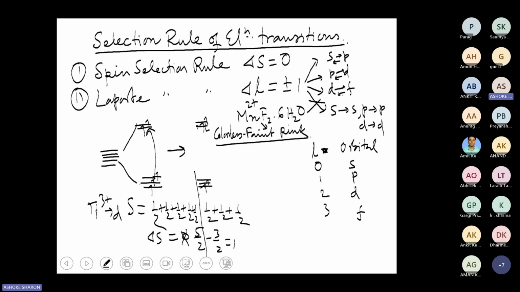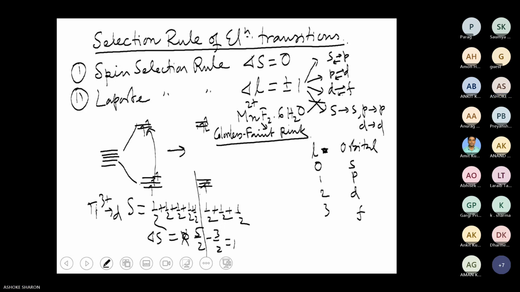When we consider the atomic structure part, it shows that these are the relations between the secondary quantum number and the orbitals. So it shows that your transition should take place between different orbitals which are consecutive in nature, that means with a difference of delta L equal to ±1. So that's why the transition between the same orbitals does not take place.